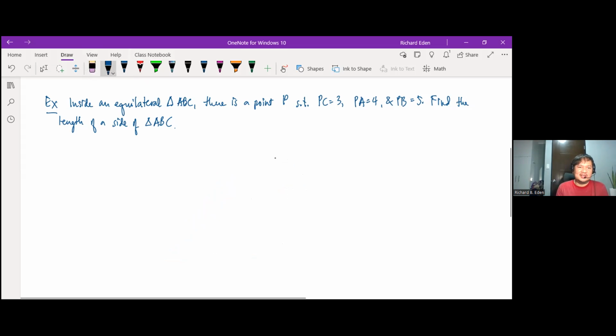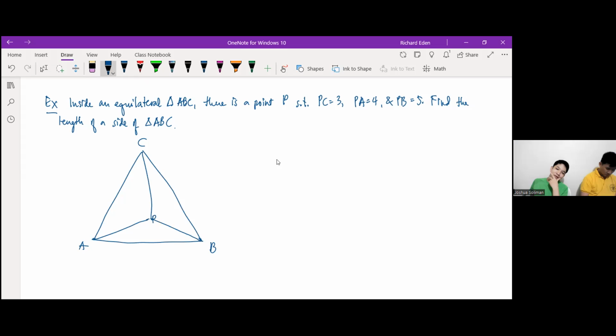This is a problem where the first time you look at it, you wonder how we are going to figure that out. So let's just doodle for now and explore this. Let's say this is A, B, and C, and let's say that's P, somewhere there.